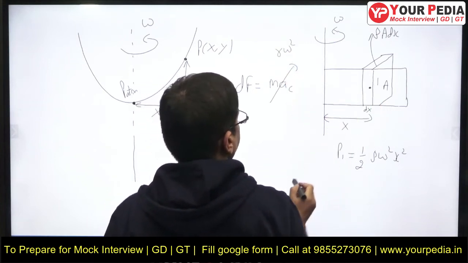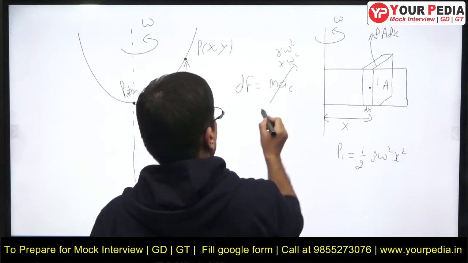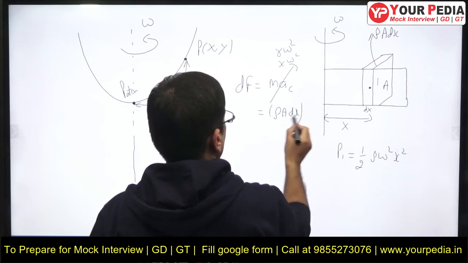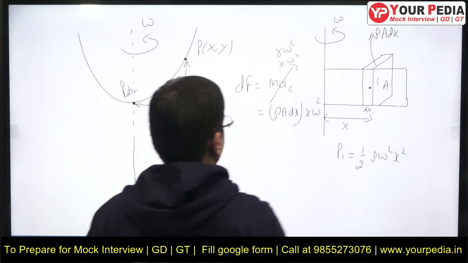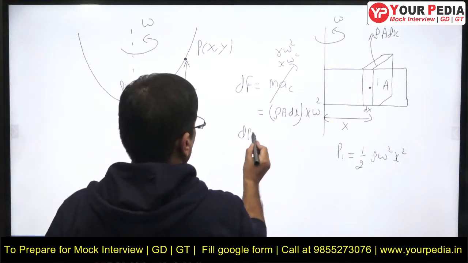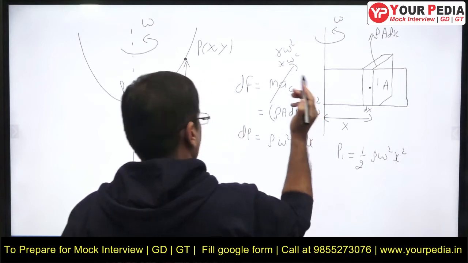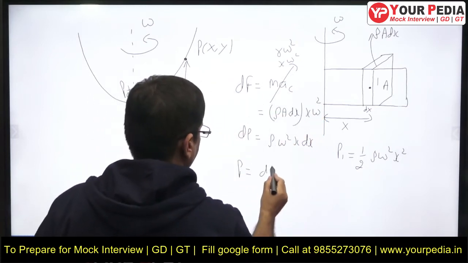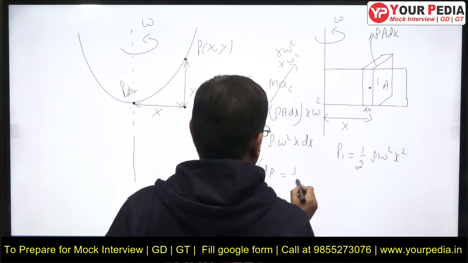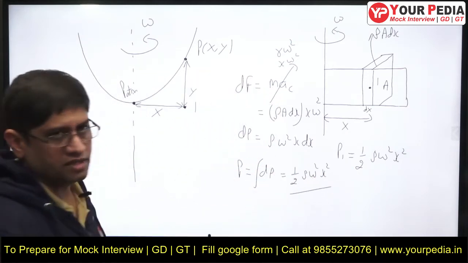In place of r we put x, that is x omega square. So the force is rho A dx into x omega square. And what is pressure? dp, force per unit area, is rho omega square x dx. And what is the total pressure? Integrate dp over the elemental strip to get the whole: half of rho omega square x square. This is the pressure acting.